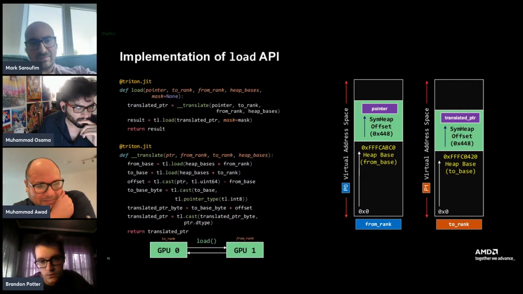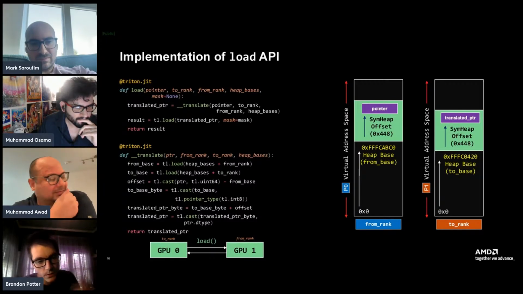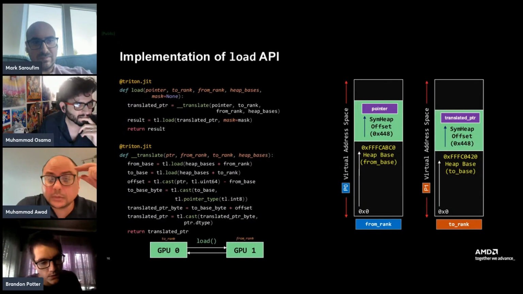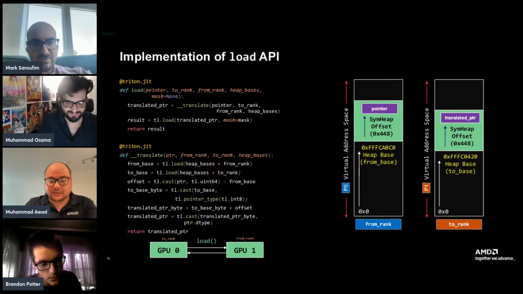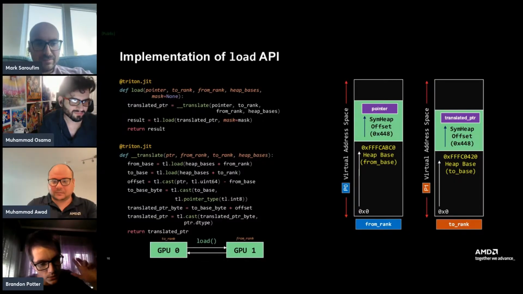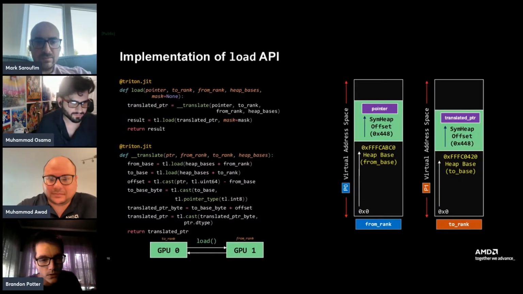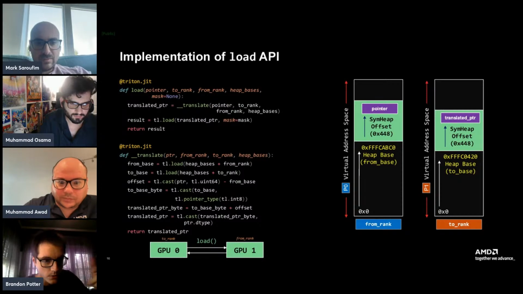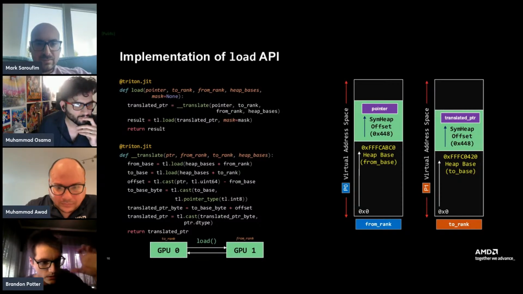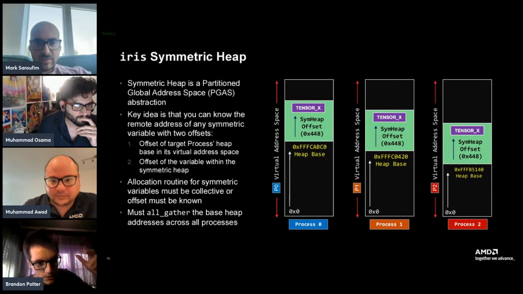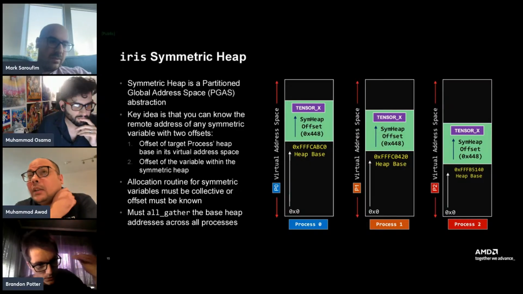I can field this one. The implementation with these APIs is directly done in Triton. So you can do things if you're tightly integrated with Triton that you can't necessarily do if you're calling into other APIs like Triton Distributed. For instance, these load store APIs are being jitted by Triton, and they're going to generate a kernel with these address calculations directly embedded into them.